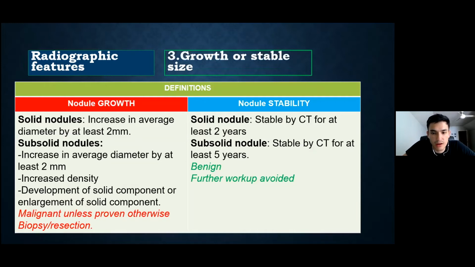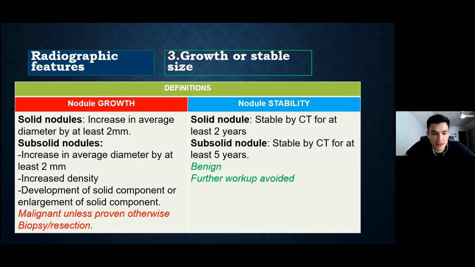Growth or a stable size is also a radiographic feature. So there are some definitions for nodule growth and nodule stability. Growth is determined in solid nodules by an increase in average diameter by at least 2 millimeters.